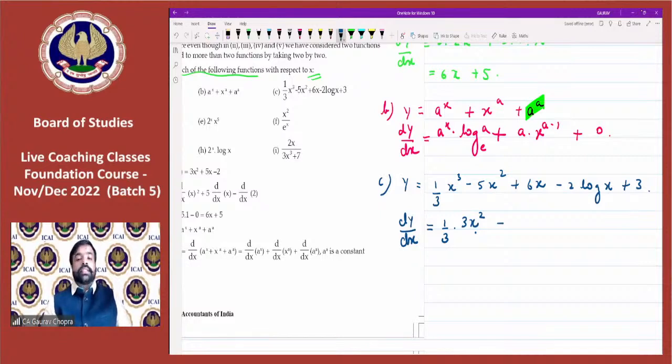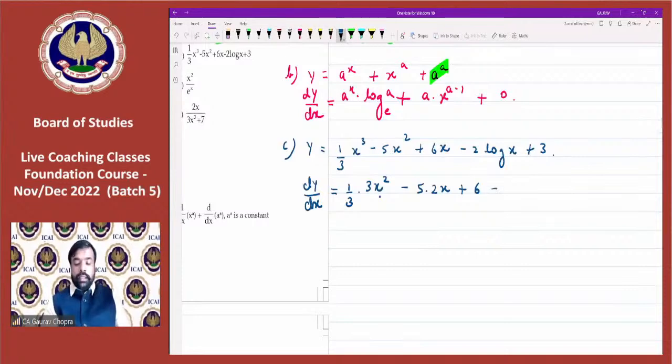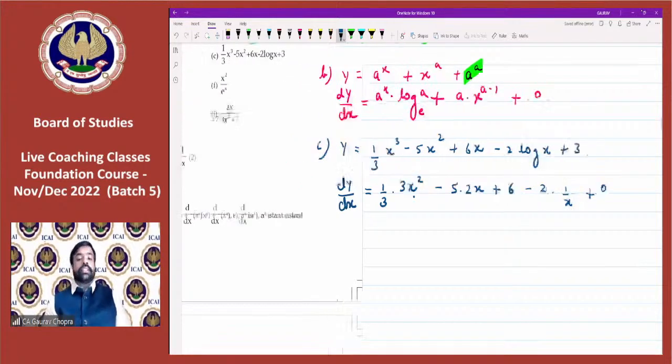square, minus 5 will remain as it is. x square will be 2x, plus for 6x it will be 6, minus 2 as it is. Now log of x, derivative of log x is simply 1 upon x. So we will write 1 upon x, and for constant it is 0.